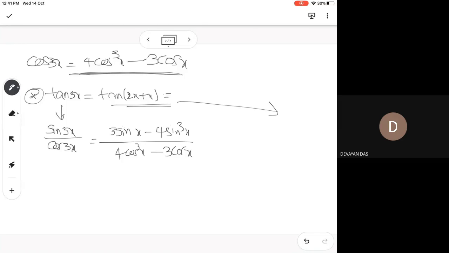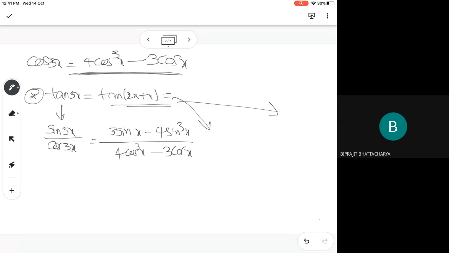How do you do it? Sir, cos cube. Think. So cos cube. So we divide by cos cube x. Yes, if you think that is it possible, okay, let us move to prove in this way.